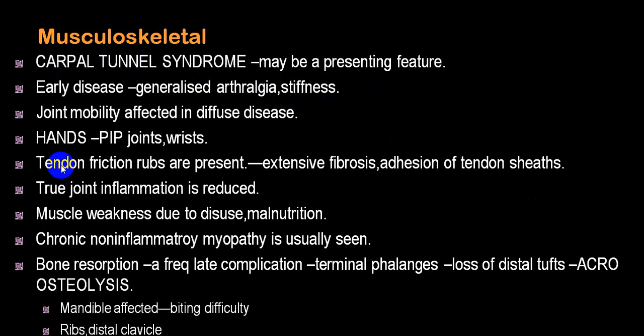You can have involvement of the tendon producing friction rub, joint inflammation is reduced, muscle weakness may be because of a disuse, myopathy can be there, bone resorption we call as acro-osteolysis will be seen, particularly terminal finger will be involved, and there will be loss of distal part of a terminal finger. Mandible may be affected, ribs, clavicle may be affected.